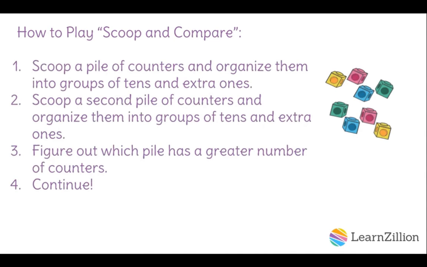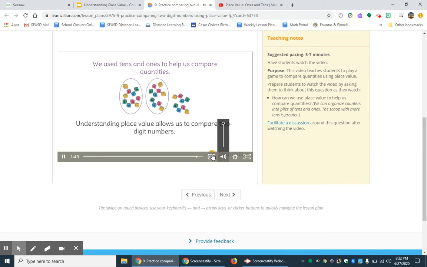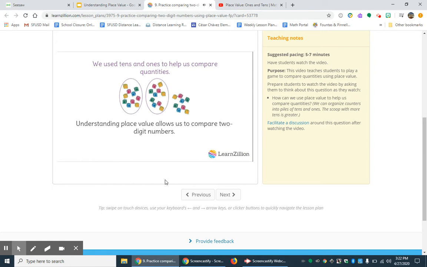Scoop a pile of counters and organize them into groups of tens and extra ones. Scoop a second pile of counters and organize them into groups of tens and extra ones. Figure out which pile has a greater number of counters. Continue. We use tens and ones to help us compare quantities. Understanding place value allows us to compare two-digit numbers.